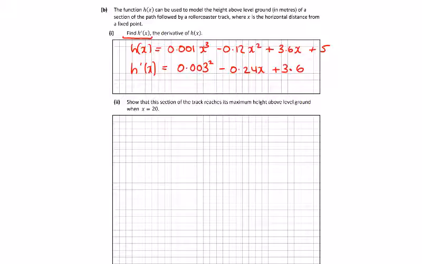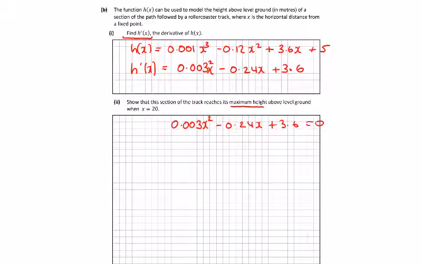So to show that this section of track reaches a max, we can just solve h prime x equal to 0. 0.003 x squared minus 0.24x plus 3.6 equal to 0. You could use the quadratic formula.